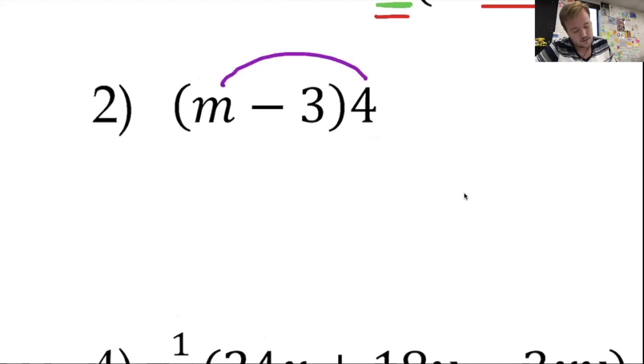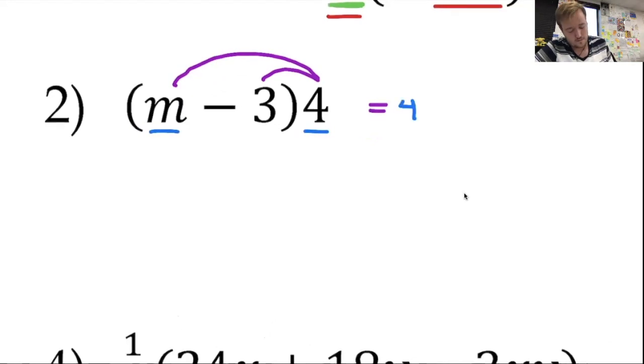So I'm still distributing that 4, so it's still the same rules as before. I'm going to multiply 4 times m, which gives us 4m. And now I'm going to multiply 4 times negative 3. So 4 times negative 3 gives me a negative 12. So we're going to have 4m minus 12. That's our simplified expression.